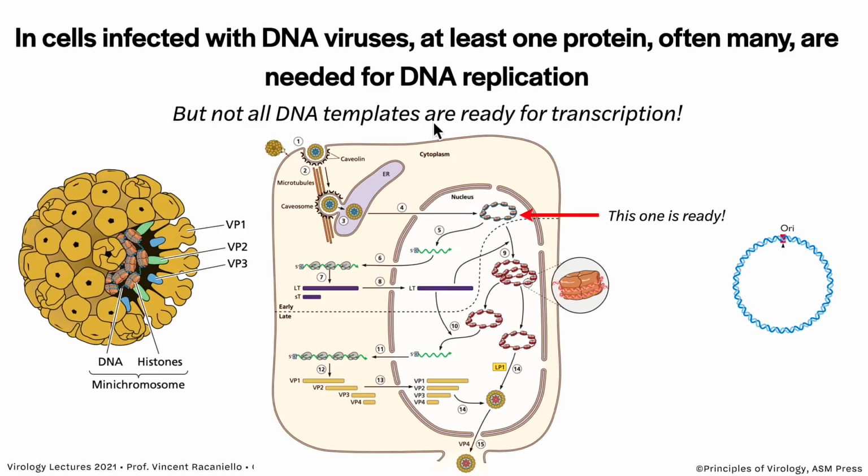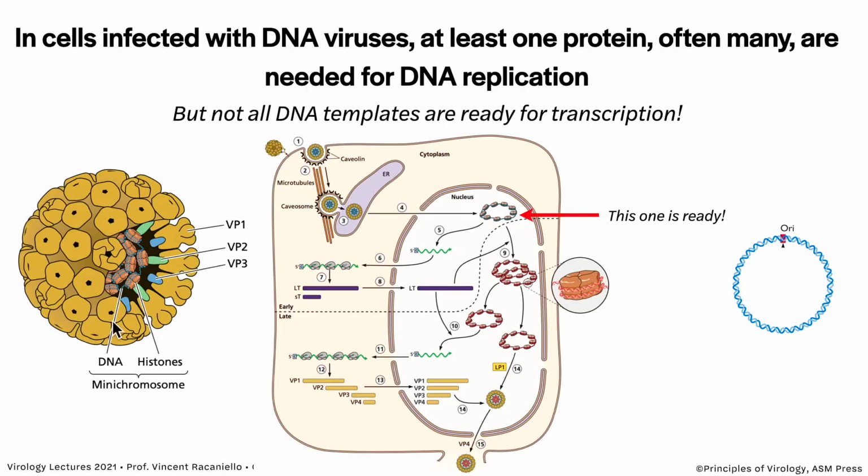However, not all DNA templates are ready for transcription. I alluded to that in the previous slide. Some are. Now this is a polyomavirus particle, and a polyomavirus called SV40 is going to be our model for talking about transcription and also DNA replication and also transformation and oncogenesis later on.